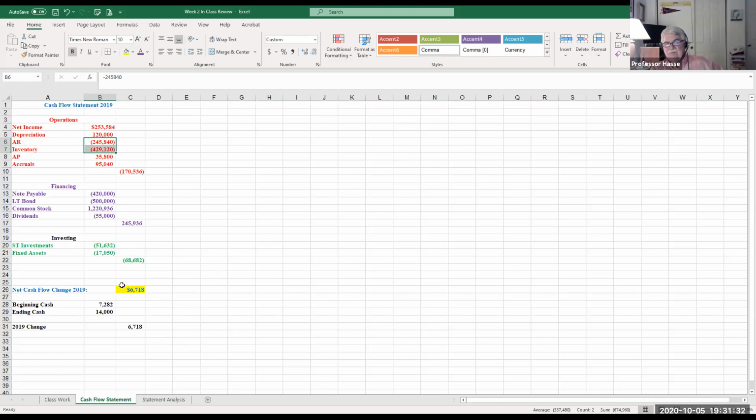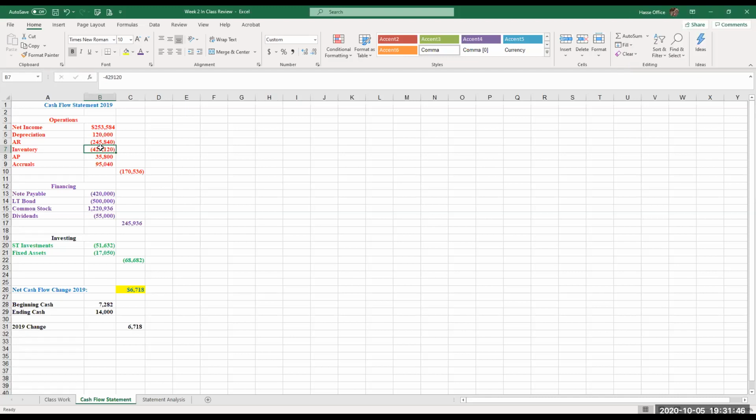That's why their cash position only changed by $6,700. They have a collection problem and an inventory problem. Now, this might be only short term. Maybe this all turned around in 2020. We'll have to take a look at the financial statements for 2020 to see that. But at the end of December 2019, it didn't look very rosy.